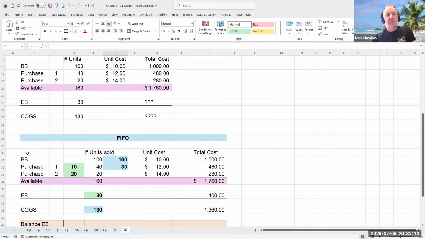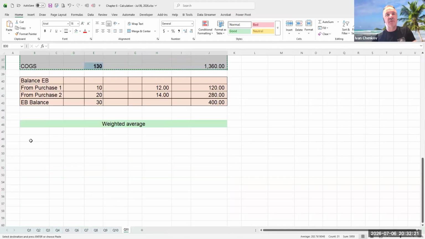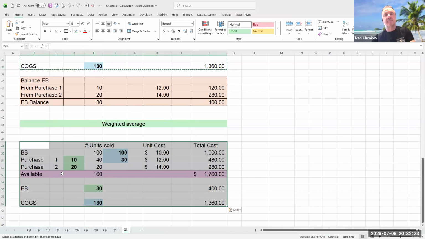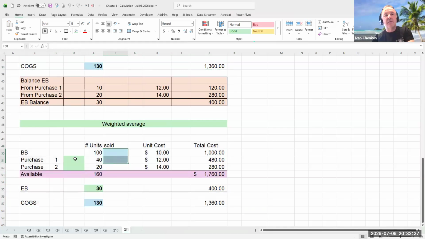Still working with the same information. What will be different though? I don't need those units. What I'm selling, what's left, I don't need this information. I can delete this one.